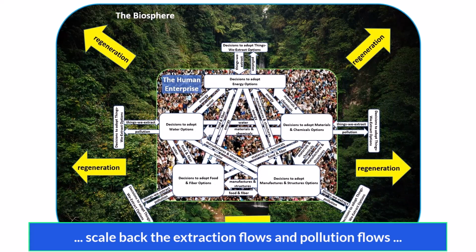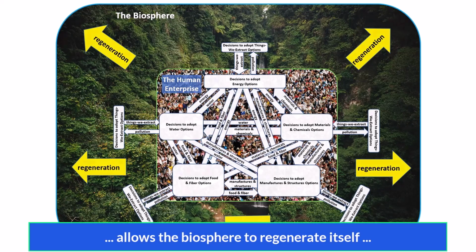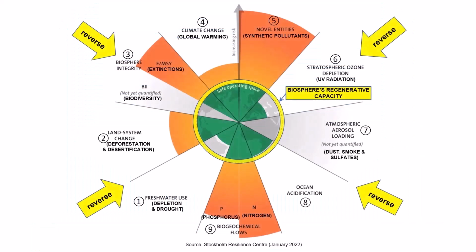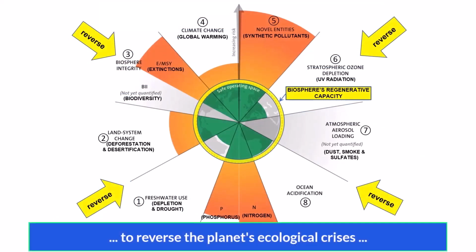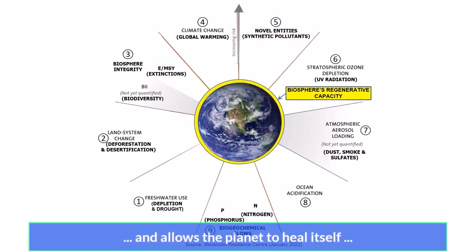Scaling back the extraction flows and pollution flows allows the planet's biosphere to regenerate itself, which allows the planet's regenerated biosphere to reverse the planet's ecological crises and allows the planet to heal itself.